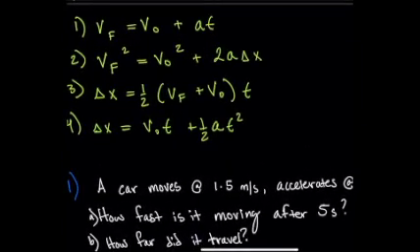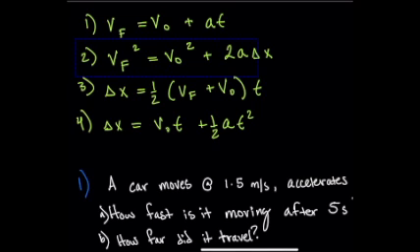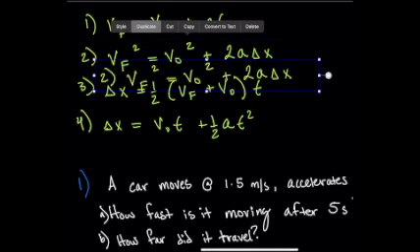If we look at our equations here, we have 4 kinematic equations, and 3 of them include a variable for time. One of them doesn't, right? One of them just has the final velocity, initial velocity, acceleration, and displacement, which is what we want to solve for. So it seems to me that we are going to be using this equation.